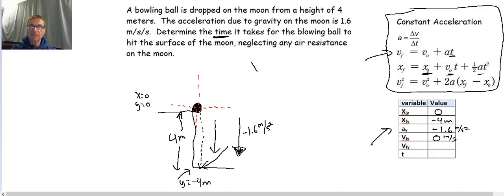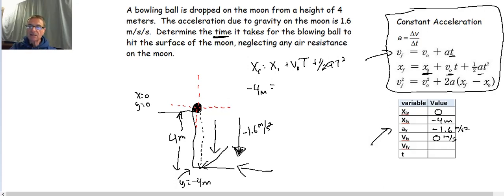So let's see what we got. We got x final equals x initial plus v0 times t, initial velocity times time, plus a half a t squared. All right, let's fill some things in here. So x final is -4 meters, and it is critical that we include the signs properly. That's why I made sure we understood that our y final and y initial had the signs right.